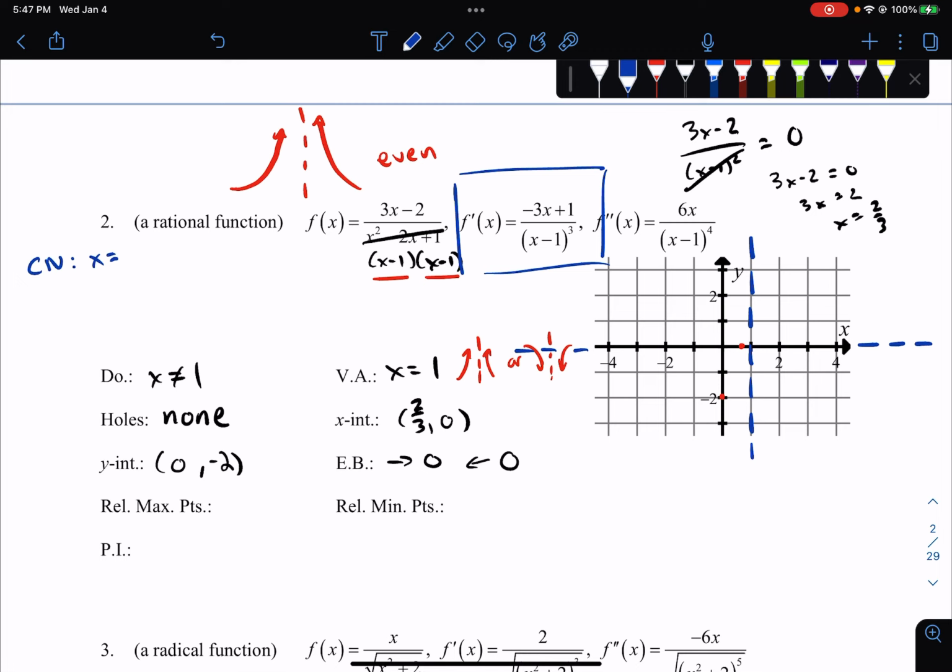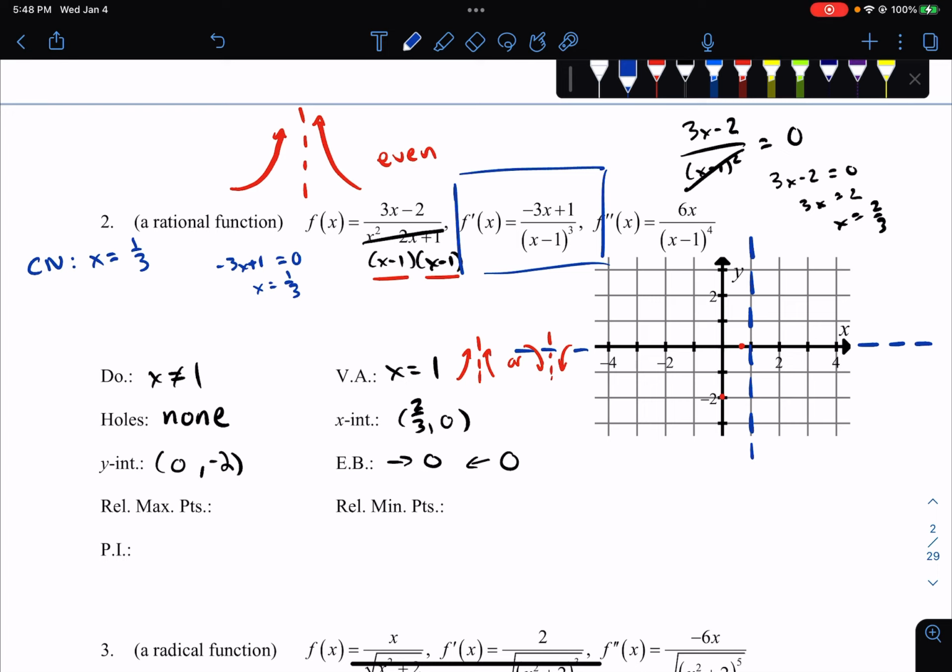So I just need to look at what makes the top equal to 0, right? Or not 3x minus 2. I used the wrong equation. We're looking at the derivative. Negative 3x plus 1 equal to 0. So when I minus 1, divide by negative 3, x equals 1/3. So that's my critical number.